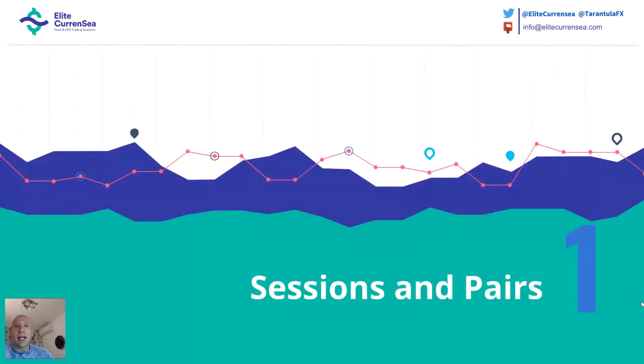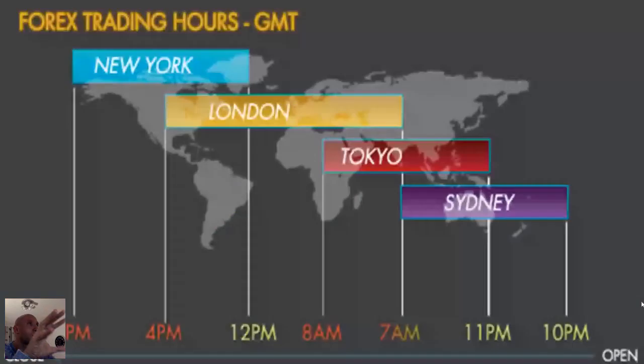So let's cut to the chase. Sessions and pairs today. We will cover which pairs and in which sessions. As we already covered in the last class, there are 3 major sessions, and the others are just minor sessions and sub sessions of the major sessions.